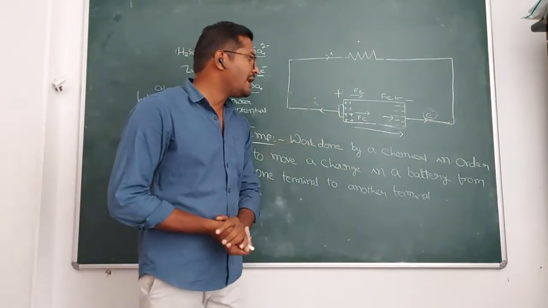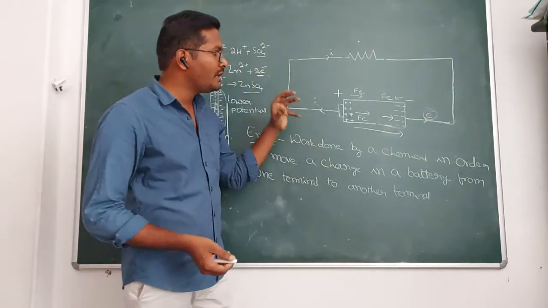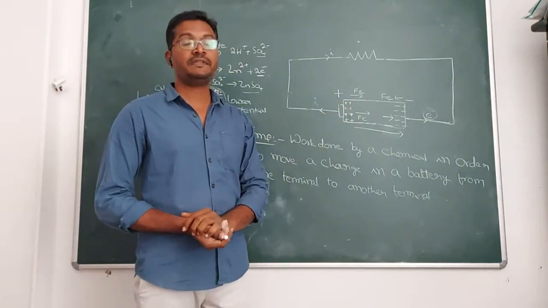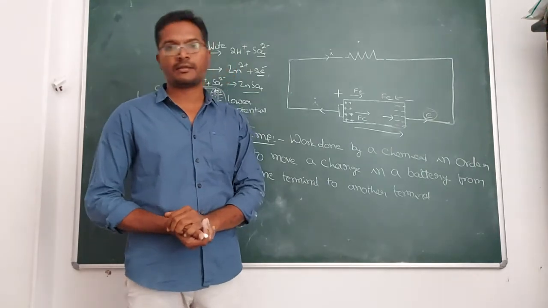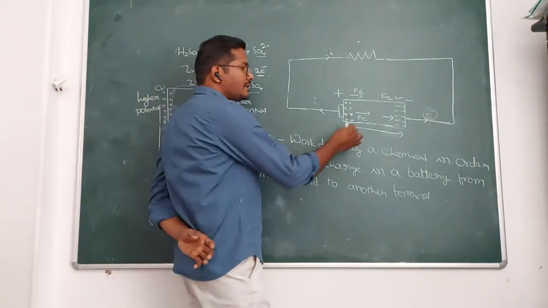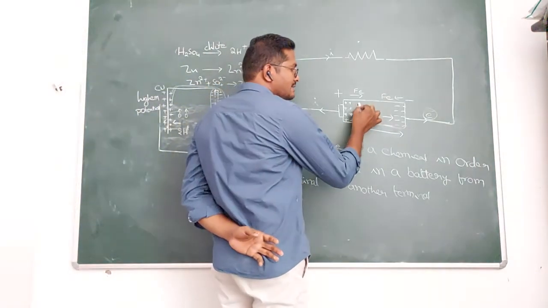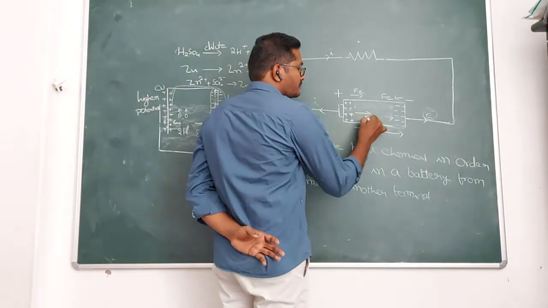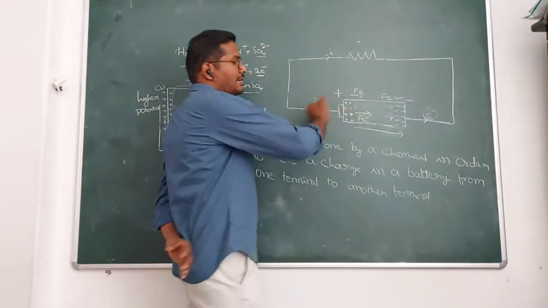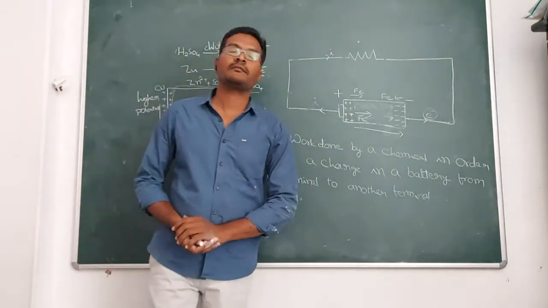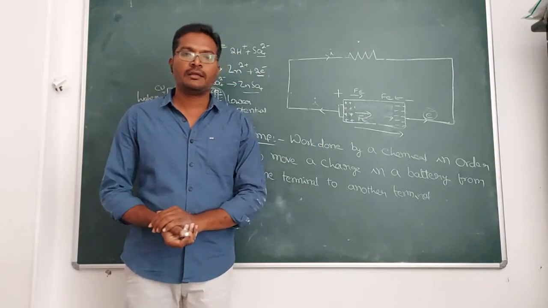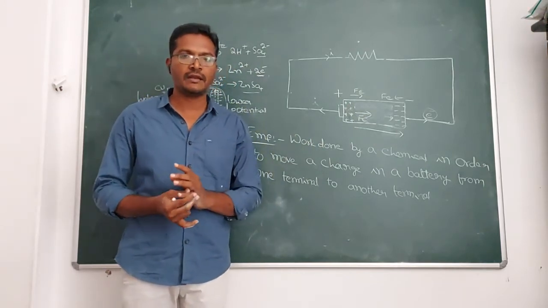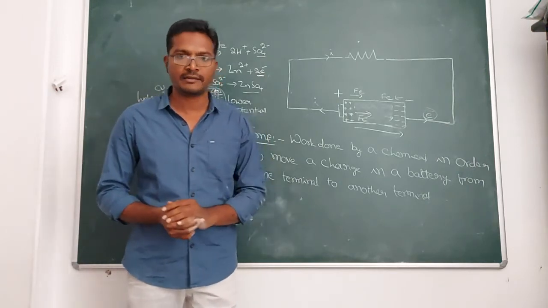Okay. So while an electron is moving inside a battery, it may offer some resistance, which is said to be the internal resistance. When this electron is moving inside the cell, which is filled with some chemical, there are some dust particles or something which can oppose the flow of electrons.